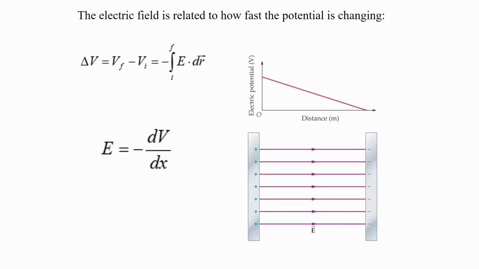If the electric field is constant everywhere, you can just pull that out, and the change of potential is just a function of your path, how far you are from one plate to the other.